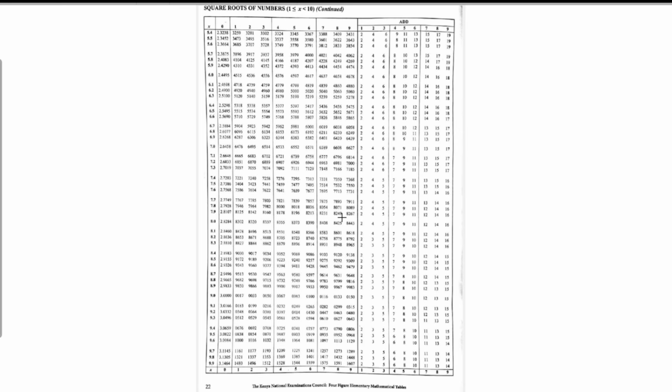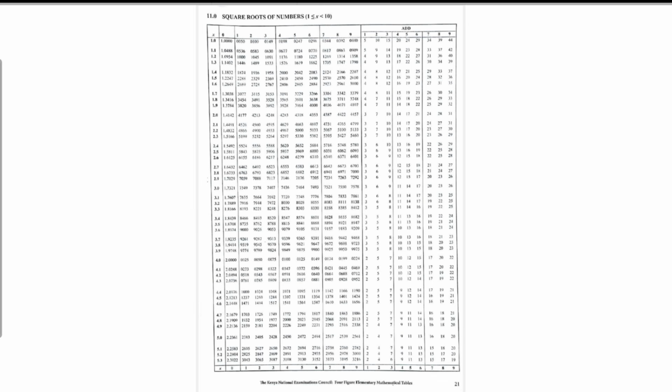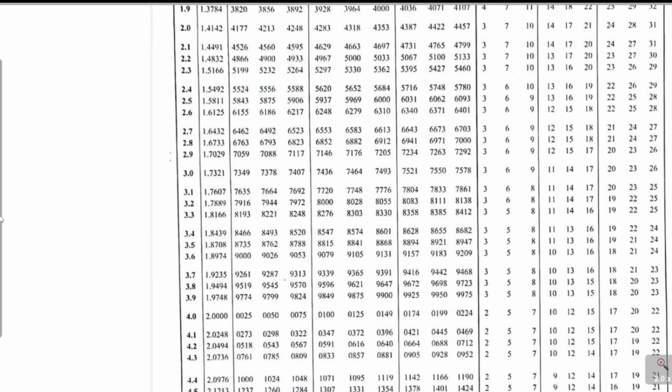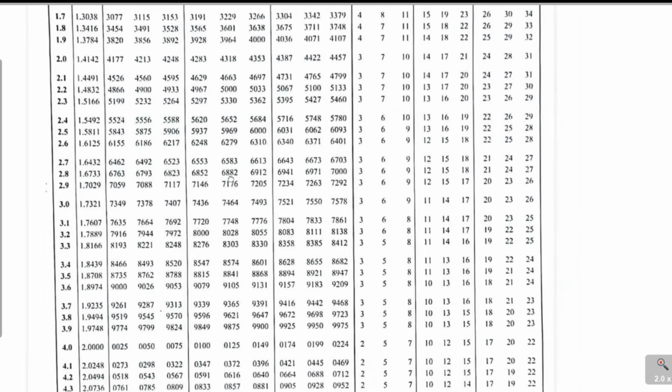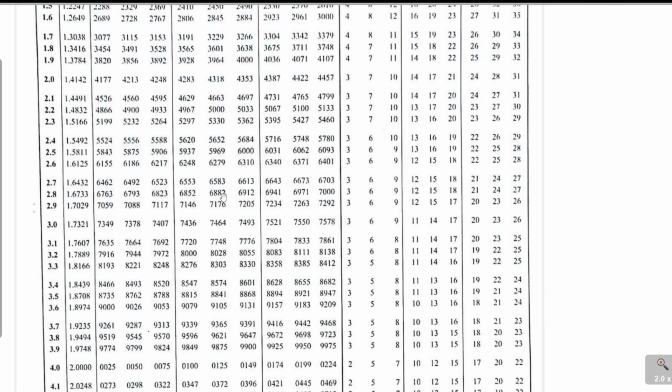You are supposed to get the root of 2.305. We find the number 2.30, and you read this number.